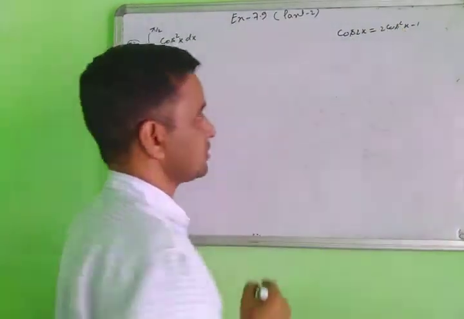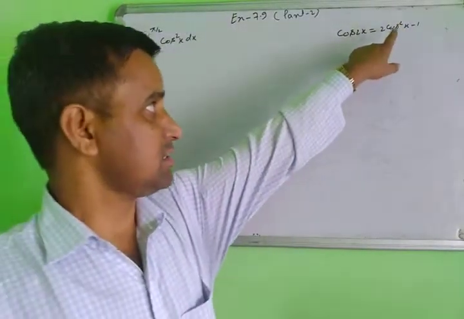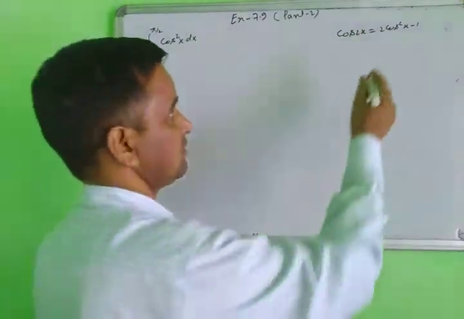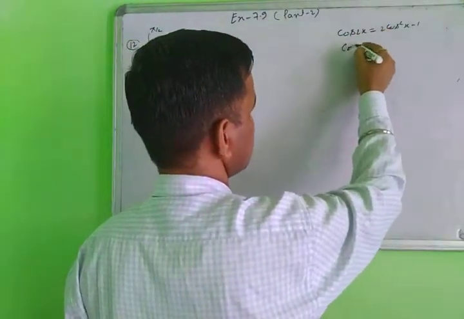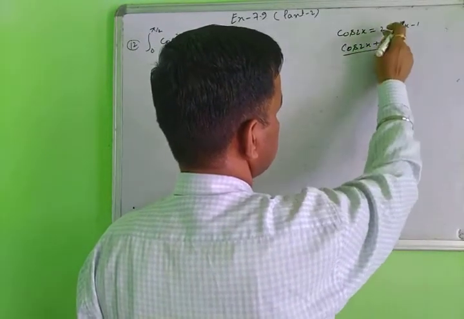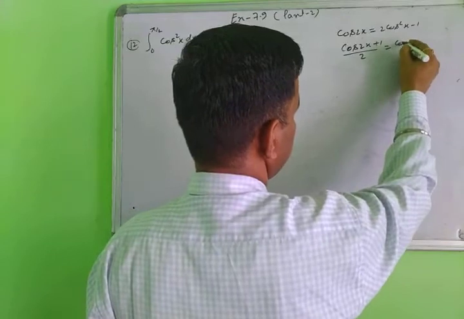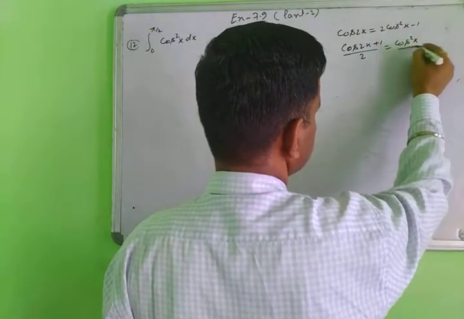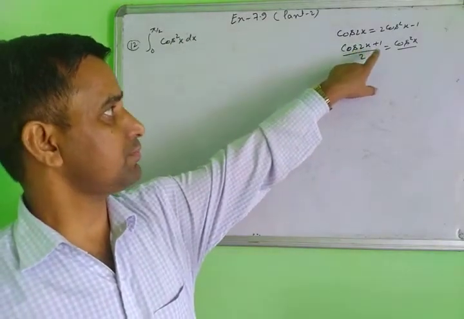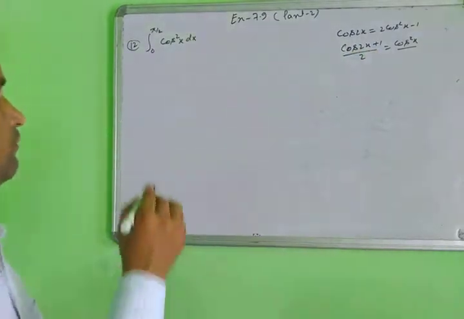This is the identity for cos square x. Transposing the minus 1 to this side, cos 2x plus 1 equals 2 cos square x, and dividing by 2 we are left with only cos square x. The value of cos square x is (cos 2x plus 1) upon 2.